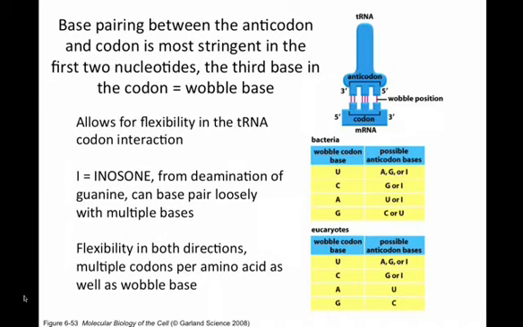The base pairing is most stringent in those first two nucleotides, but the third base is the wobble base, and that allows for some flexibility in the tRNA codon interaction. Also in the anticodon, sometimes you'll have an I for inosine, which forms from deamination of guanine, and it can base pair loosely with multiple bases.